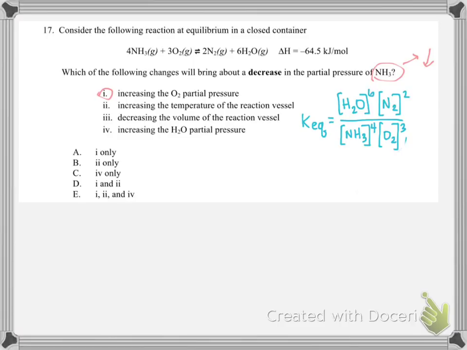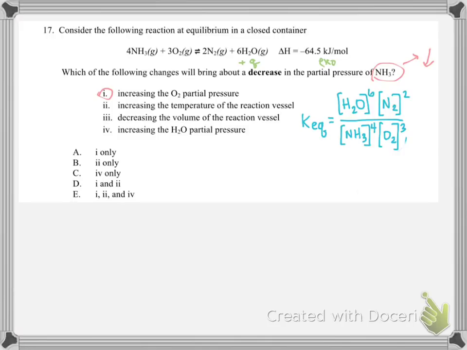The second statement says increasing the temperature of the vessel. Okay, so they tell us that our delta H is negative 64.5 kilojoules per mole. So this is exothermic. Heat is exiting. And so it's going to kind of be like a product. It's going to come out of the reaction.